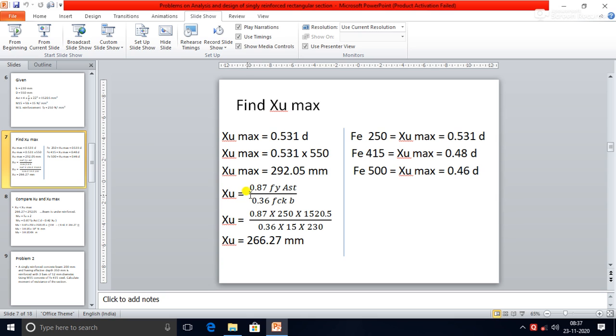XU is equal to 0.87 FY AST by 0.36 FCK B. You first calculate XU max, then you calculate XU, and this XU is 266.27 and the XU max or XU limiting value is 292. That is, XU is less than XU limiting or XU max.